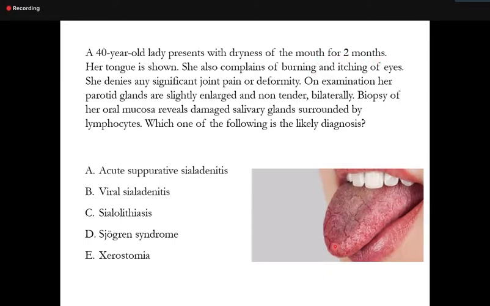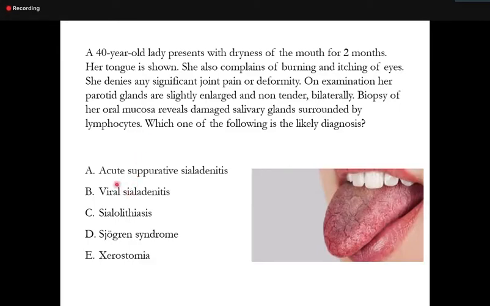The tongue is shown, and the tongue is showing dryness and these cracks and fissures. She also complains of burning and itching of eyes. She denies any significant joint pain or deformity. On examination, her parotid glands are slightly enlarged and non-tender bilaterally. Biopsy of her oral mucosa reveals damaged salivary glands surrounded by lymphocytes. Which one of the following is the likely diagnosis?